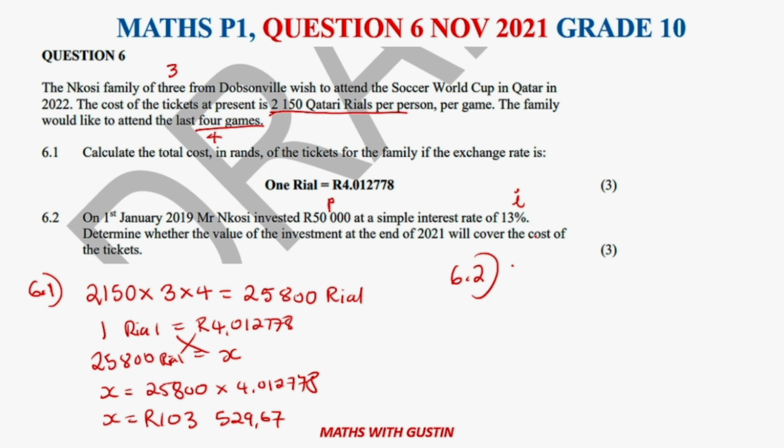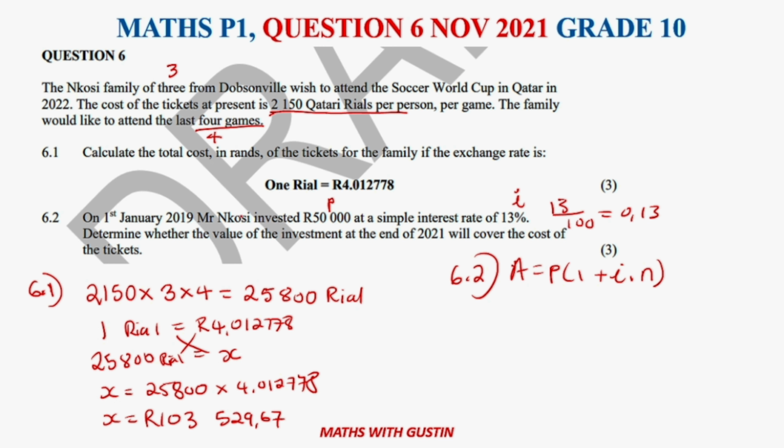Determine whether the value of the investment at the end of 2021 will cover the cost. Let's find out. A equals P, and they said simple interest here. We already know P. I is 13, which must be divided by 100, so 0.13.